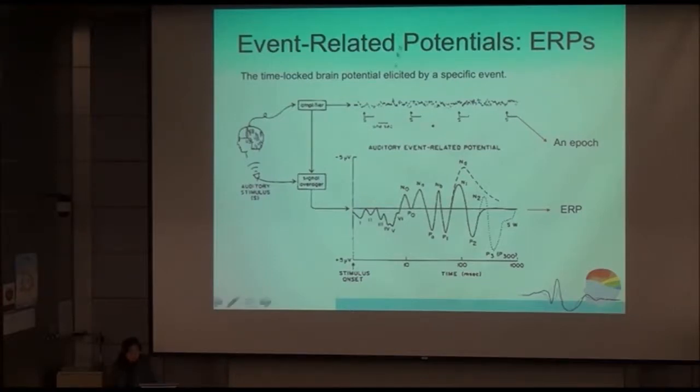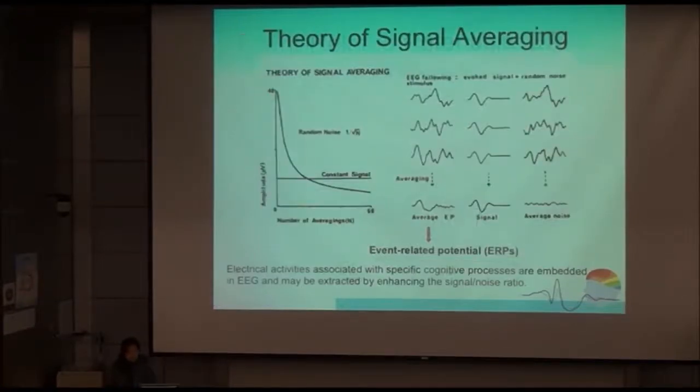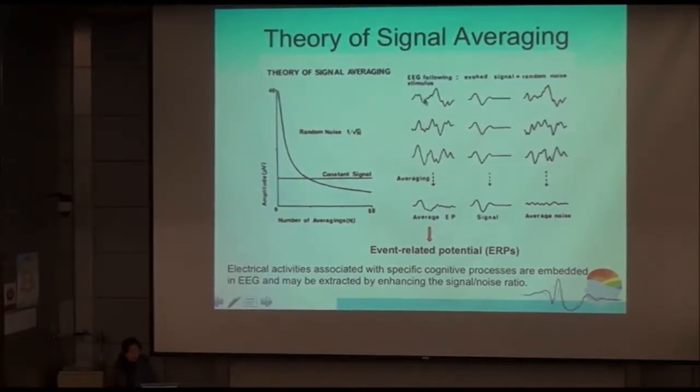So you can chop or cut the EEG into pieces. This is called an epoch, which is time-locked to the auditory stimulus. Each epoch should contain a specific evoked signal and also random background noise.